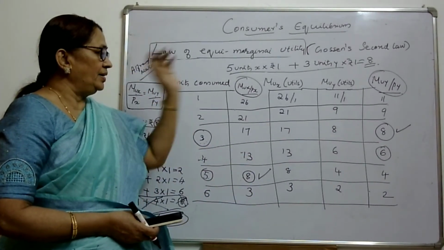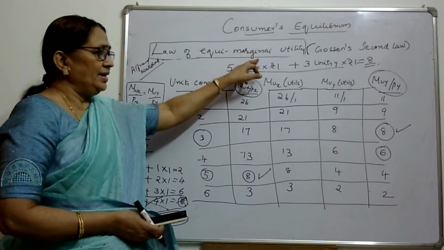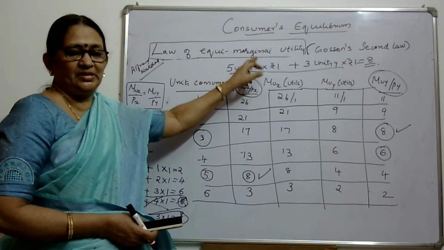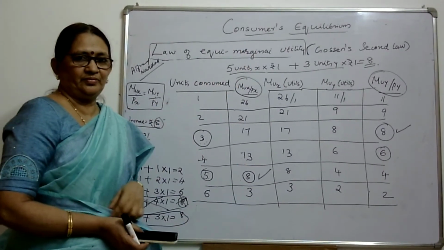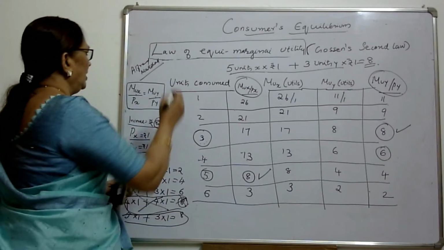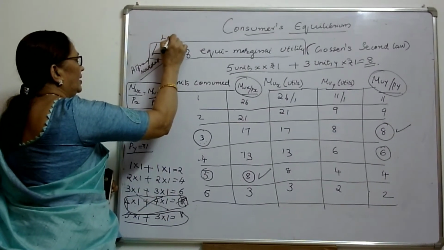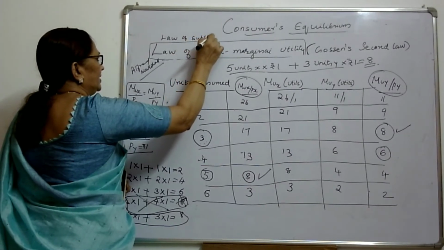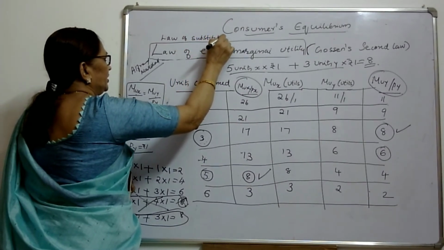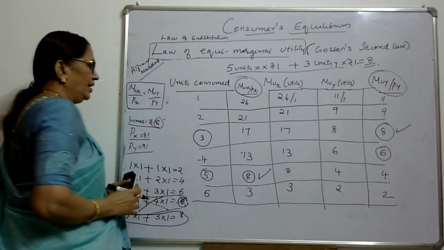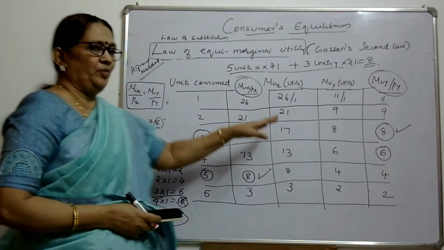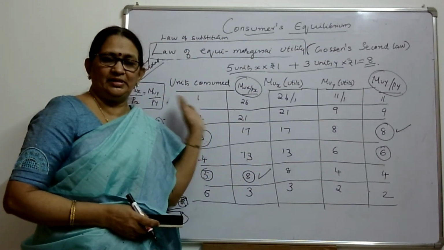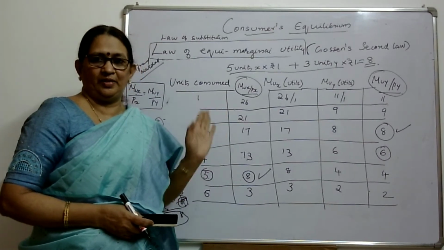And now, why is this law called law of substitution? This law is also called law of substitution because the consumer is substituting different units of both the commodities in order to achieve maximum satisfaction.